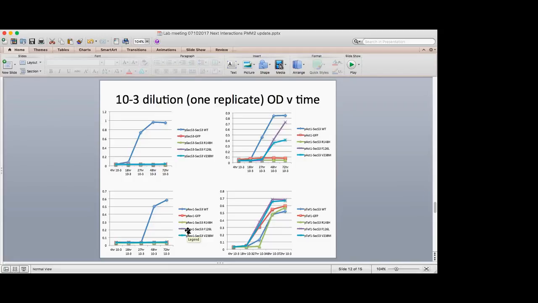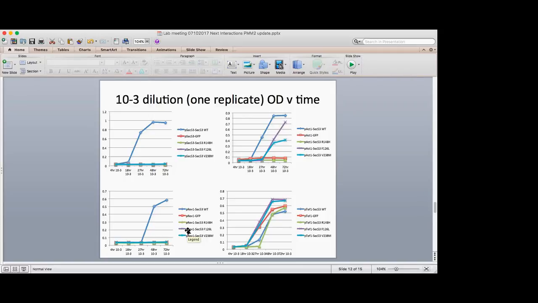So we could ask, would a small molecule or a drug at 48 hours cause the F126L to be closer to the wild type control at that time point, versus waiting another day to catch up? That would be the rationale of the screen: can we find molecules that allow the F126L and the V238M to grow at closer to the same rate as the wild type Sec53?